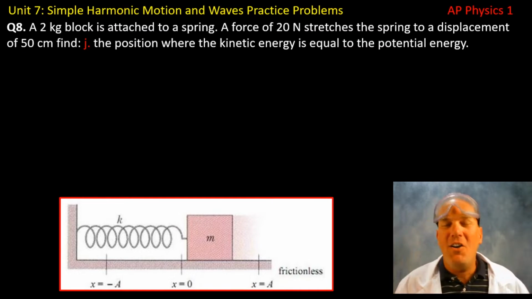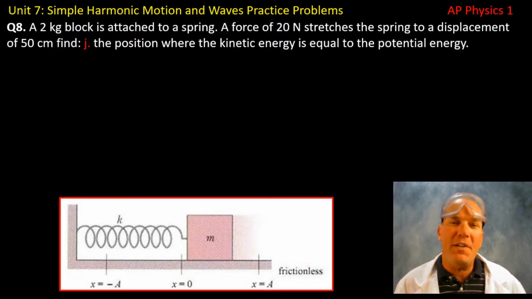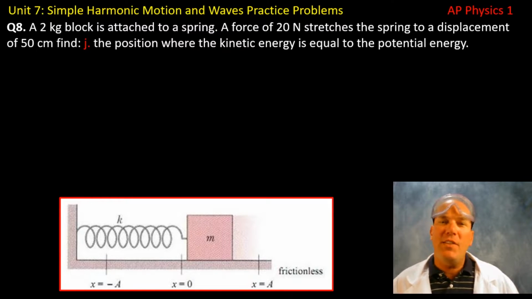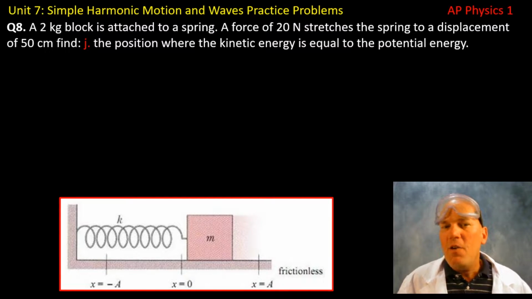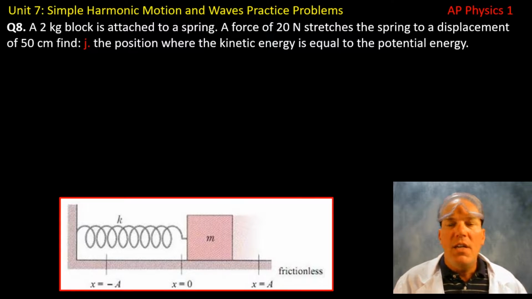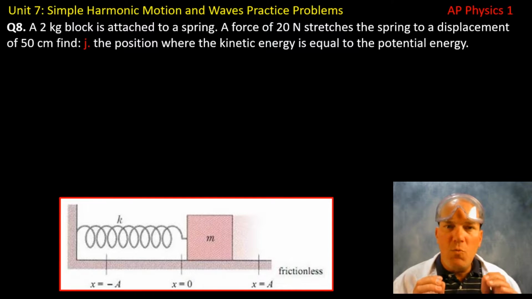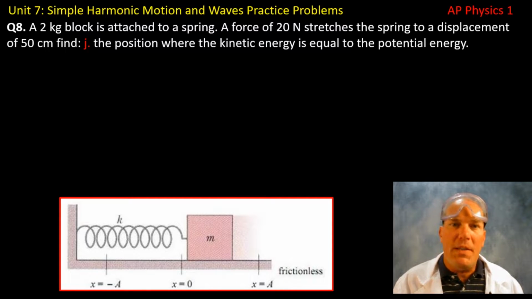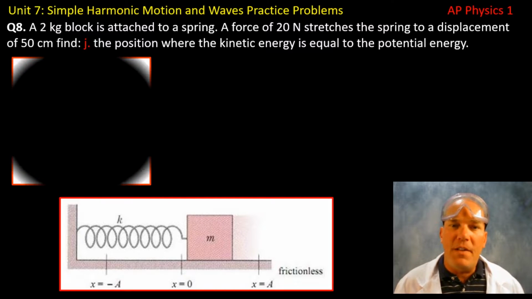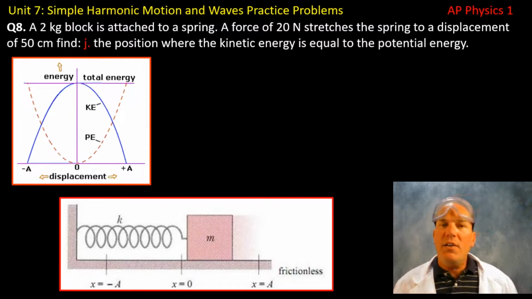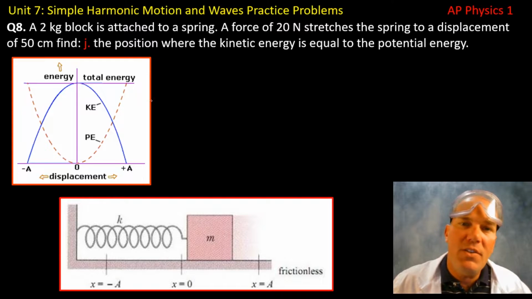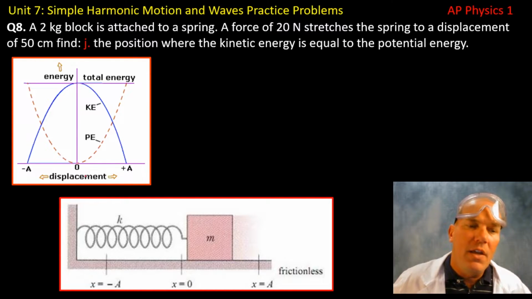Hi. All right, in the final part of question 8, you are asked to find the position where the kinetic energy is equal to the potential energy. You want to put some thought into this, because this particular part of the question often confuses students. So I want to consider this graphically for a moment. Here we have potential and kinetic energies.